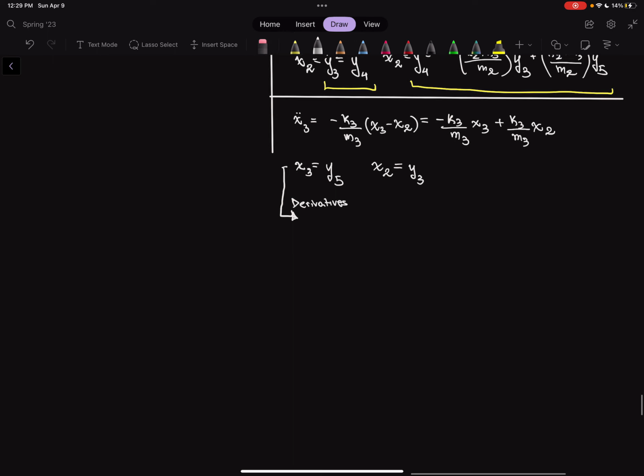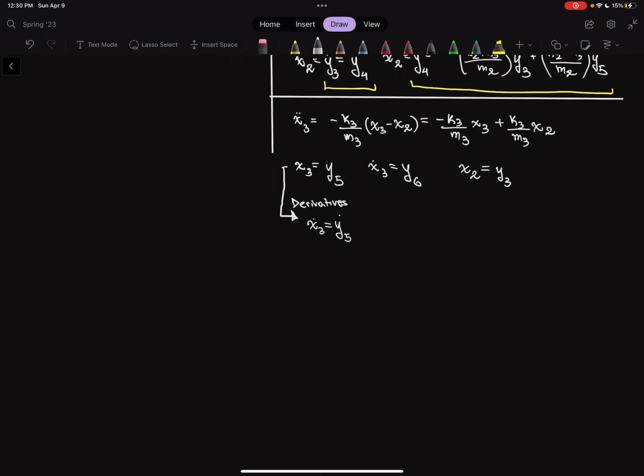And what we get is that x dot 3 is equal to y dot 5, which is equal to, well, we haven't defined that. So let's say x dot 3 is equal to y6.